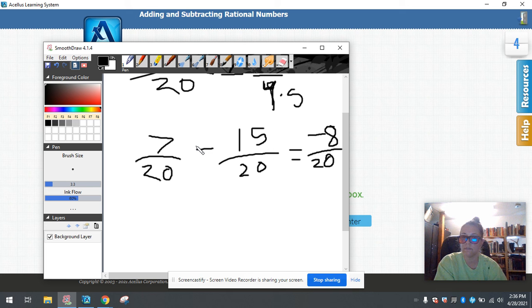So I have a positive 7 here, and I have a negative 15. Either way, negative 15 and 7 are different signs. They're not both negative or both positive. So since they're different signs, I'm going to subtract the digits. 15 minus 7 would be 8. I have more negatives than I do positives, so my answer is negative.